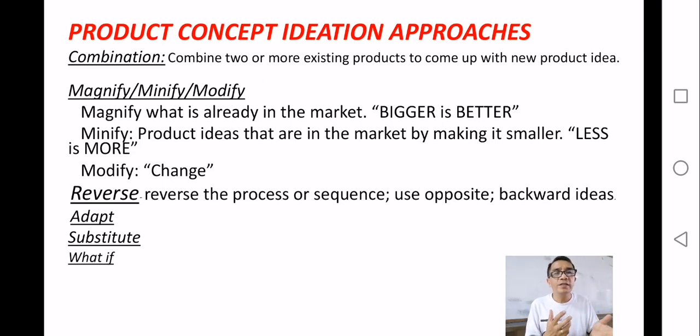Another one is reverse the process or sequence. So use opposite or backward ideas. I think one example that I can give here is from a personal experience of mine. I have some maintenance medicines, and one of my maintenance medicines usually must be taken during lunchtime.